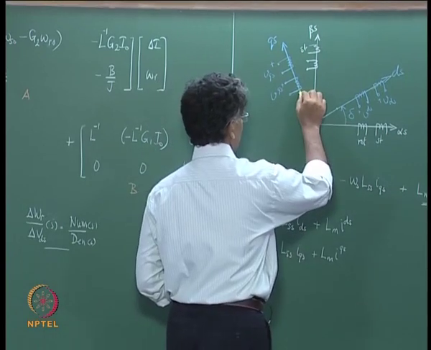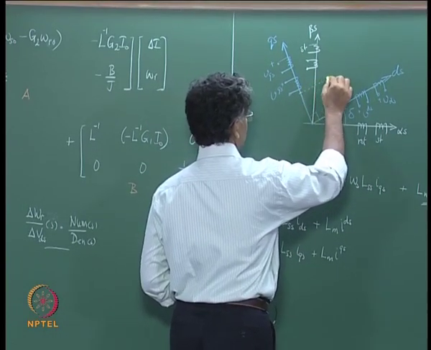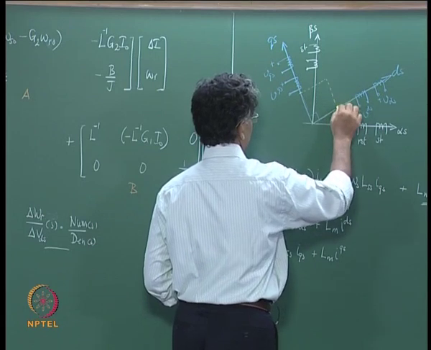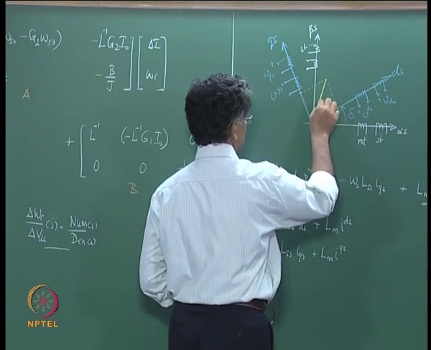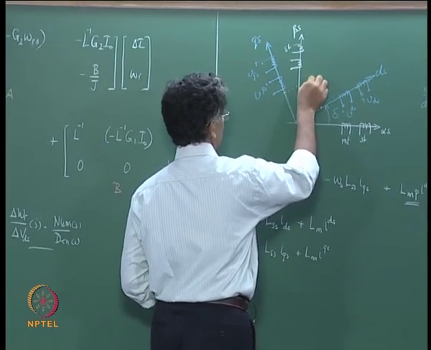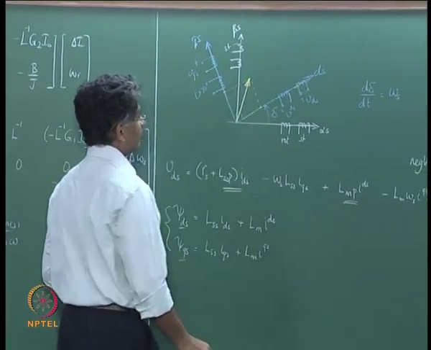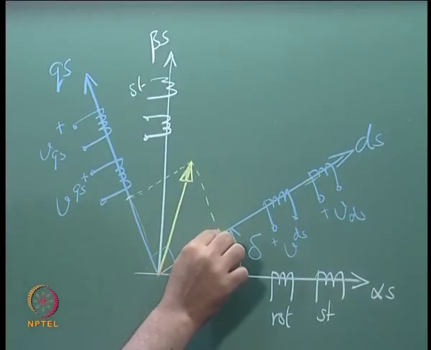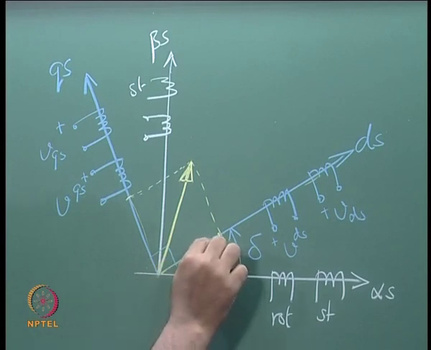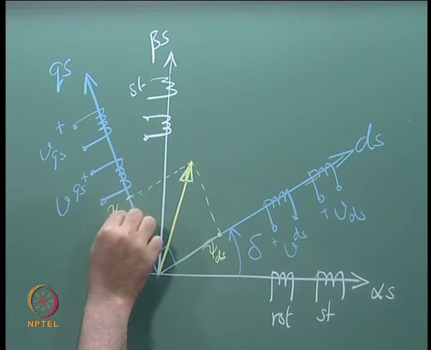Therefore, the net flux linkage of the stator can now be drawn as a space phasor in this manner, where this length is your psi ds and this length is your psi qs.